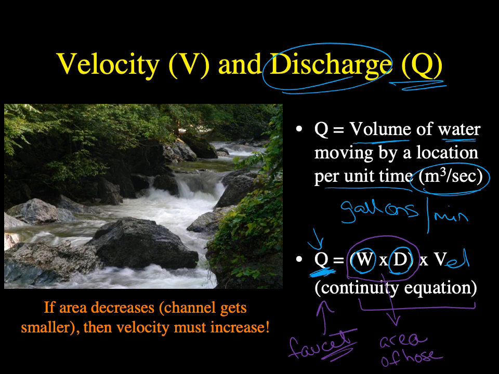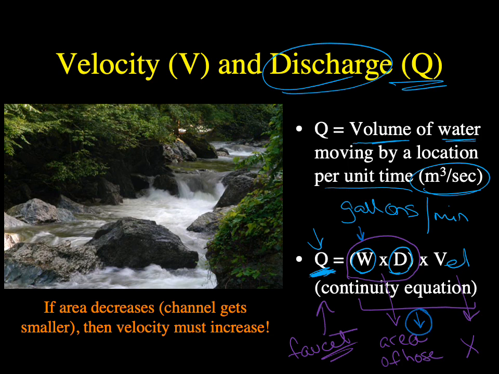And the velocity is set, of course, by whatever the flow rate is in your water pump or your water system. So that's already set. You haven't changed anything like that. So when you want to squirt your little brother or little sister, what do you do? You essentially decrease the area of the hose by putting your thumb over half of it.